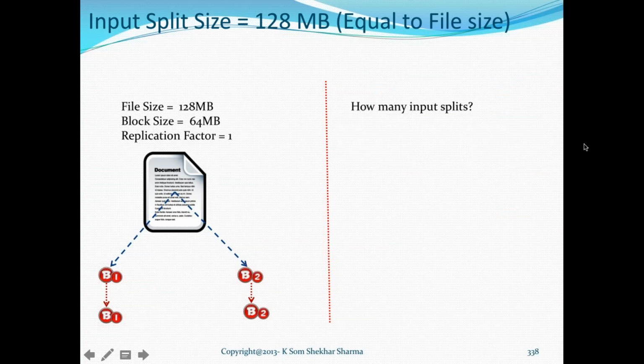Now case 3 is where your input split size is 120 MB. I can take it as 256 MB also. Please understand, the file size is 120 MB, but I'm talking about an input split size which is greater than or equal to the actual file size.